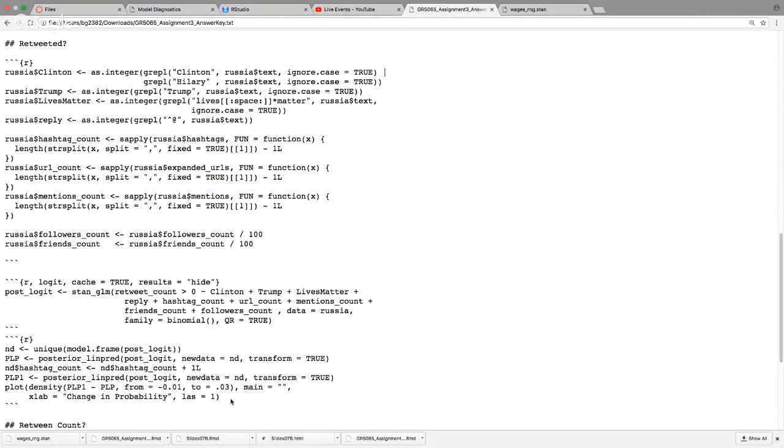But the negative binomial allows, and actually enforces, that the conditional variance is greater than the conditional mean. And so that is often more appropriate for a lot of the counts that we observe in the social sciences, that tend to be mostly small, but occasionally one that's very big. There are some tweets in this set of data that just got retweeted over and over and over again. And that leads to overdispersion.